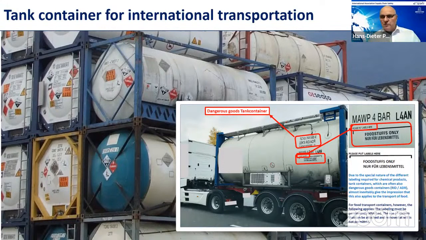And maybe on the next transport, they remove the stickers and put on maybe the stickers for dangerous goods and transport it. And you, as the receiver of the goods, or a company who loads this, have no idea, you can't see it. Hopefully you can smell it, but this can happen, and this can also give cross-contamination to your products.